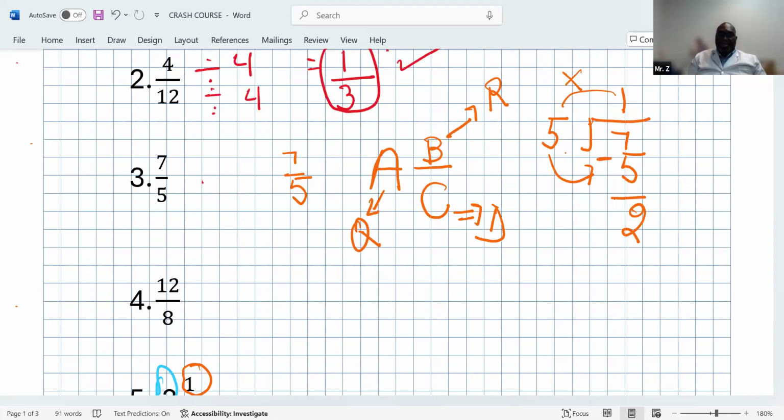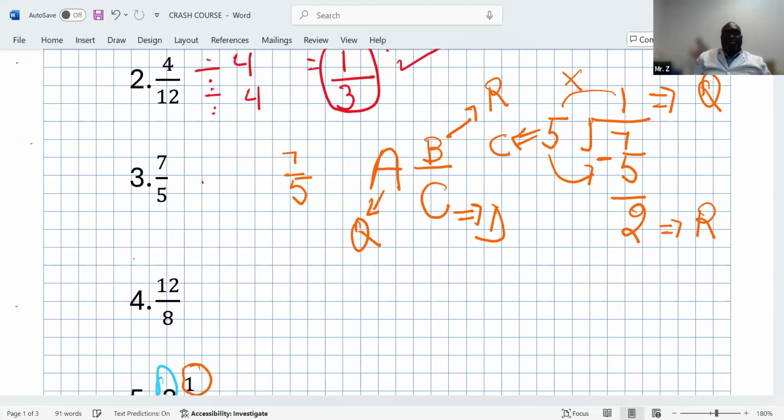So in this case, my remainder is 2. The answer of my division, the quotient, is 1, and 5 is my C because it remained the same.